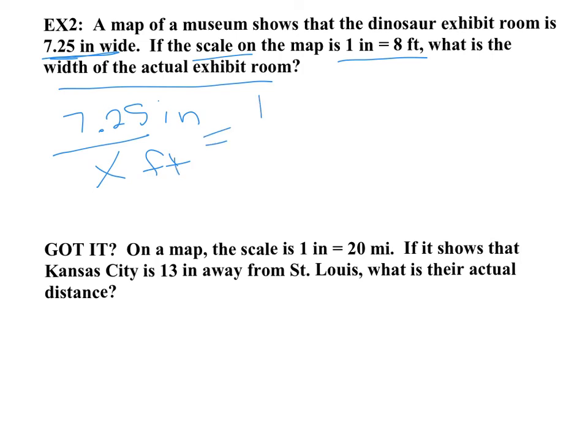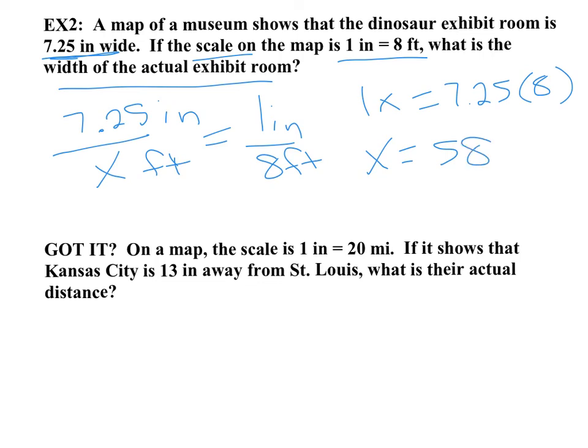But we do know the scale is 1 inch over 8 feet. So now we're going to use cross product again, and we get 1x equals 7.25 times 8, and we end up with x equals 58 feet as the actual width.